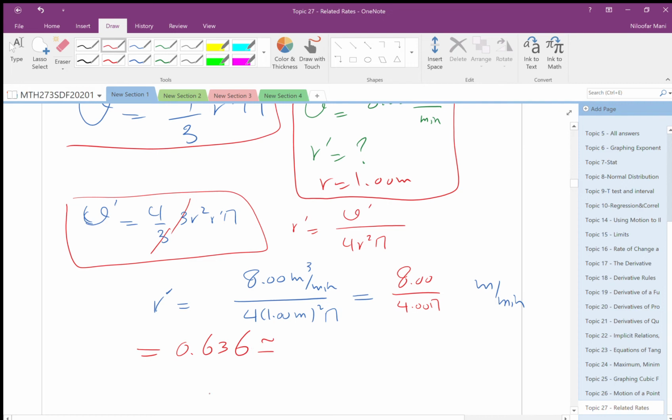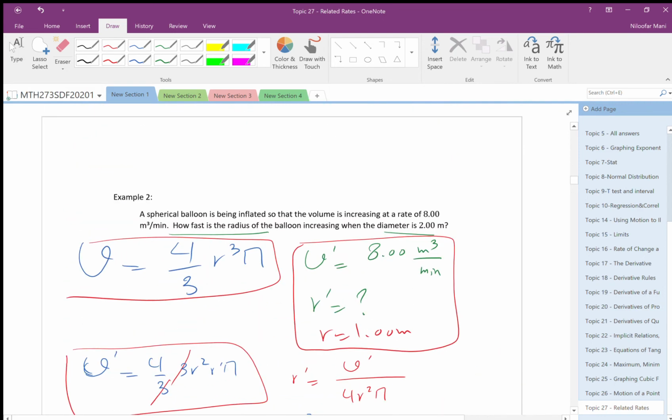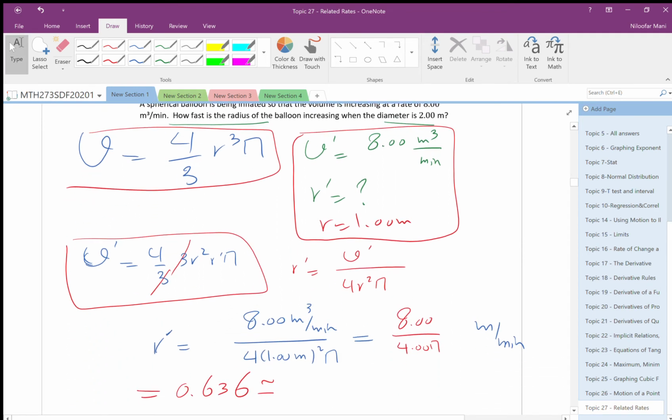Let me see, yeah, 0.636, which I underline, it is almost 0.637.